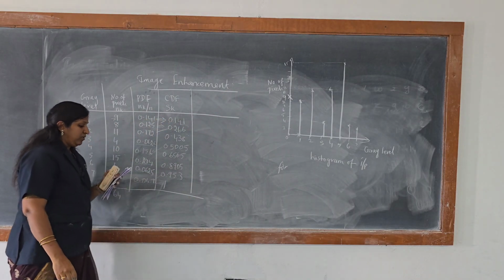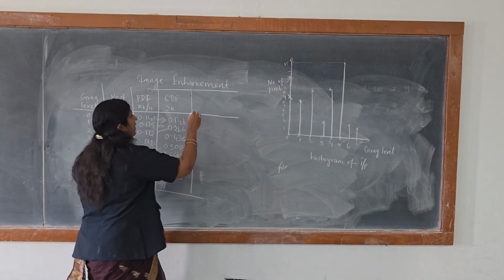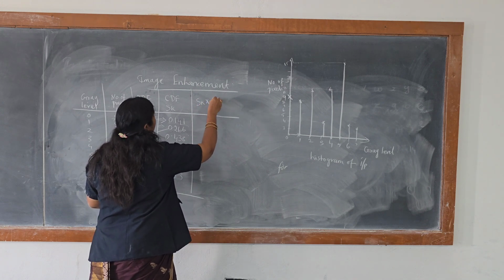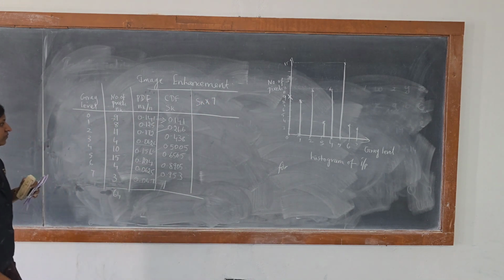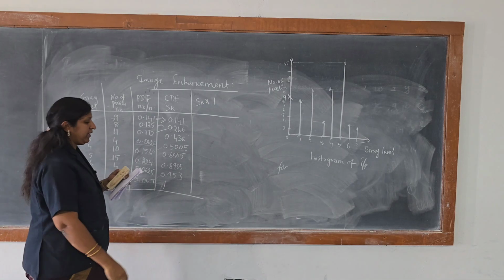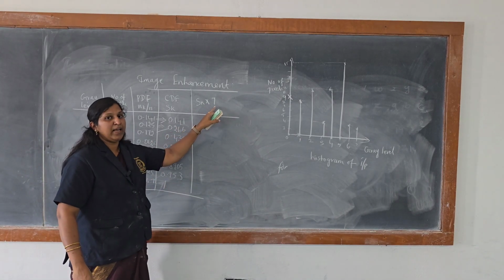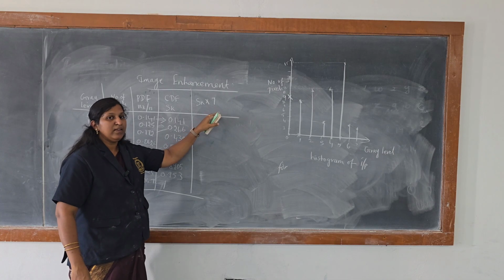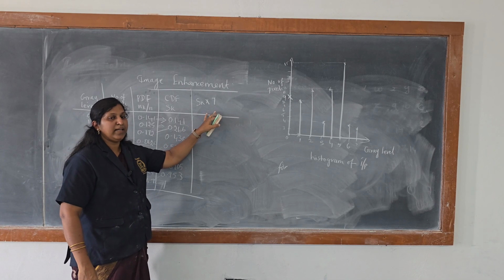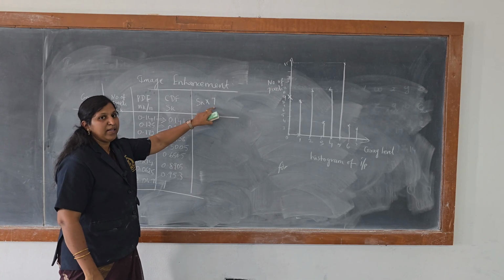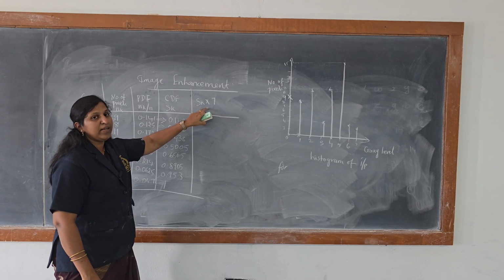Next step is we have to multiply this Sk with 7. So what is 7 here? Already I have told you how to calculate the L value. Here 7 means L minus 1. So first we have to calculate the L value.